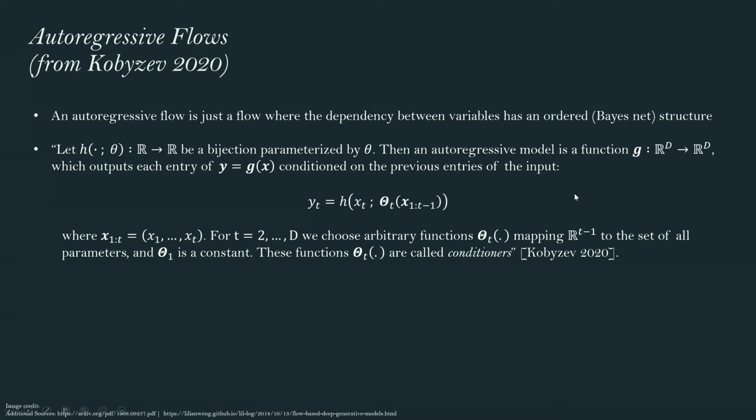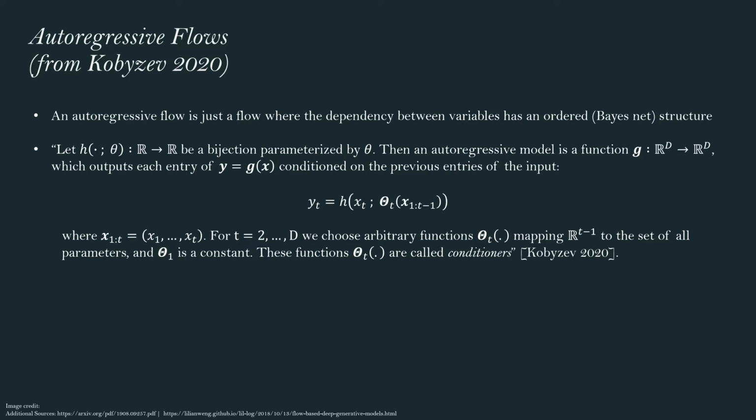So output t is a function of the current input, parameterized by a conditioner that depends on your previous inputs. The parameters at t depend on your inputs from t minus 1 back, and you take that together with your input at t, and that's how you calculate your y sub t.